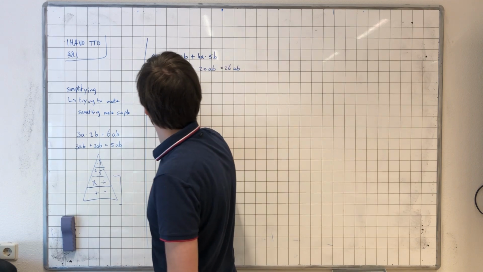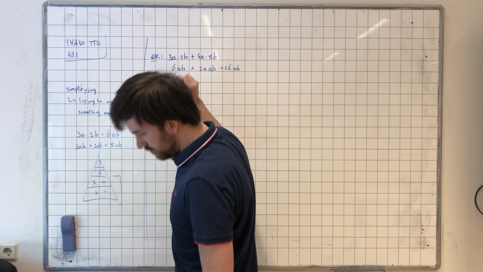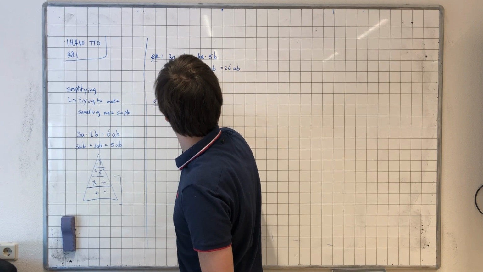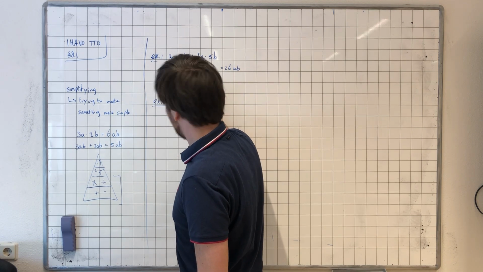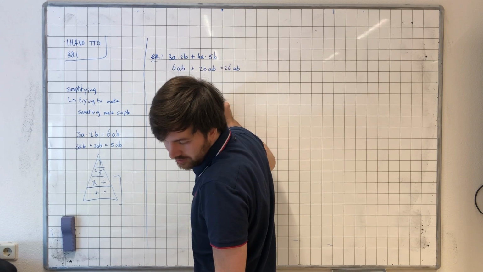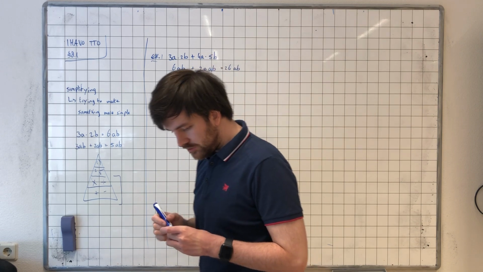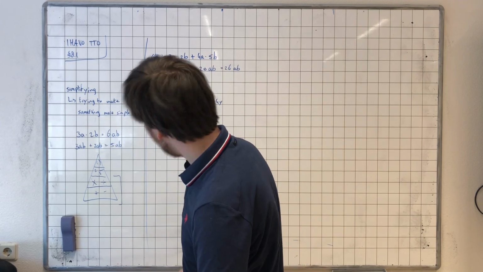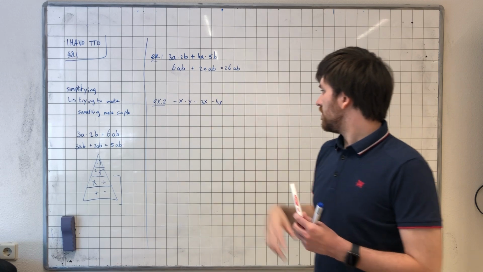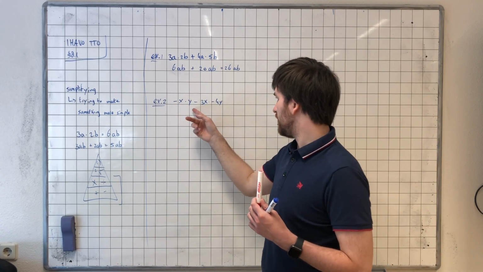Example 2 will be a little bit harder. What did I come up with? Minus x times y minus 3x times minus 4y. If we're going to do this one, first once again we have two multiplication exercises and then we have to subtract them.